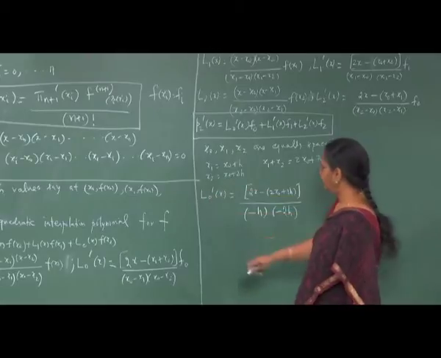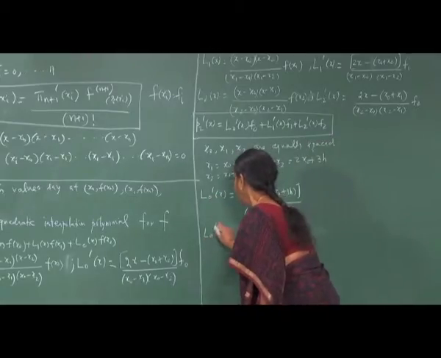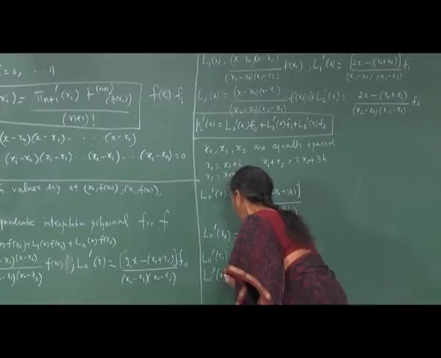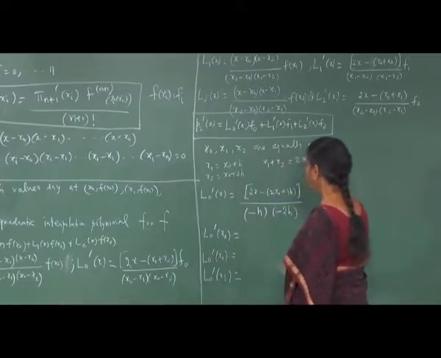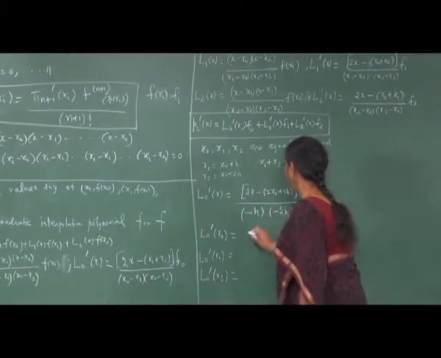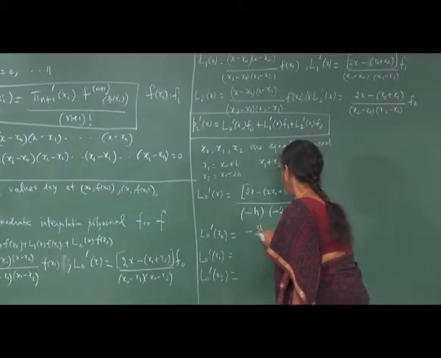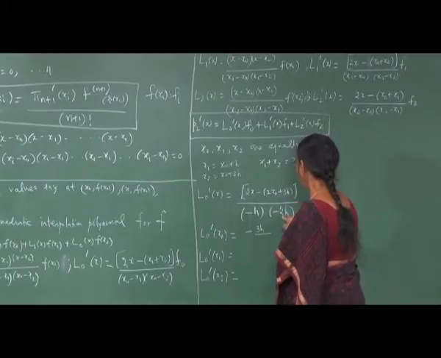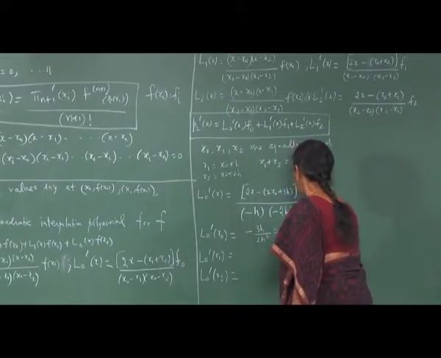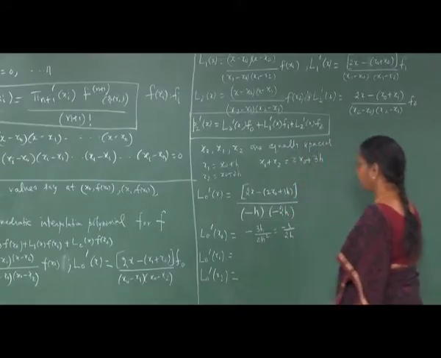But where do I require L0 dashed? At each of these nodes. So, let us evaluate L0 dashed at x0, L0 dashed at x1 and L0 dashed at x2. So, x is x0. So, 2x0 will go. So, I am left with minus 3h by 2h square. So, it is minus 3 by 2h.